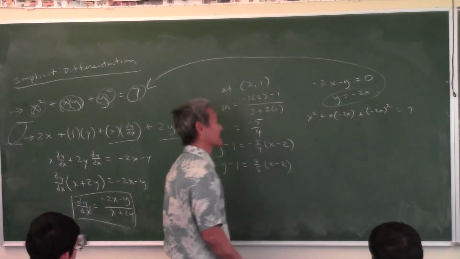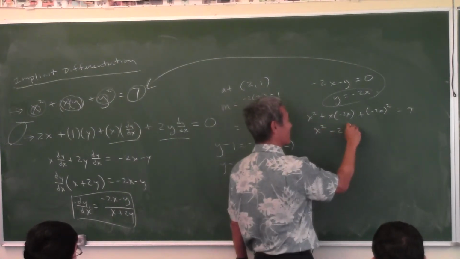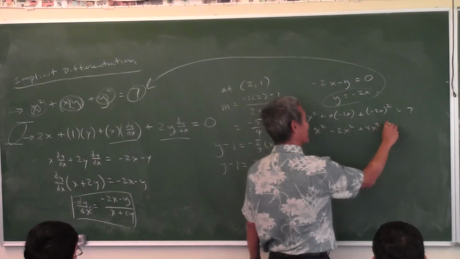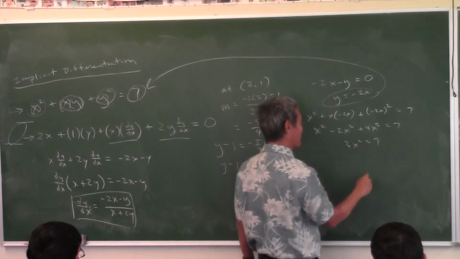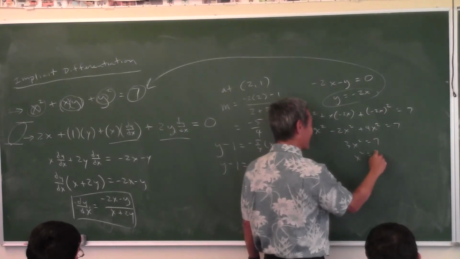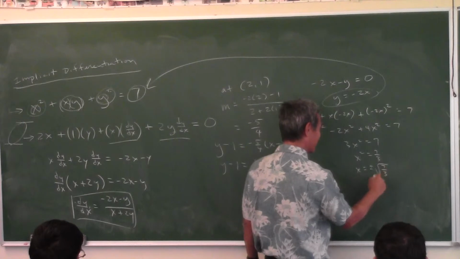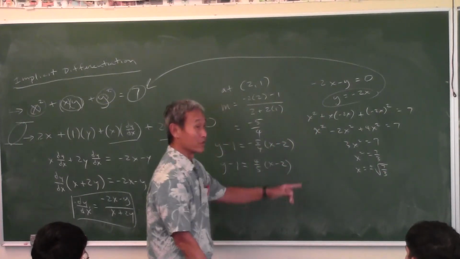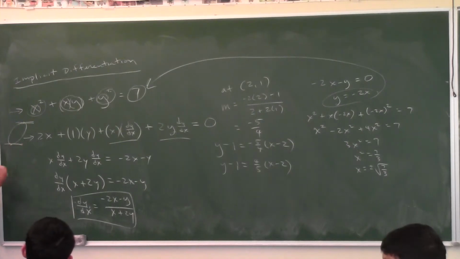In fact, I think I'm doing the exact same problem from the homework. x squared minus 2x squared plus 4x squared equals 7. 3x squared, yes, I'm doing the same problem as the homework. x squared equals 7/3, so therefore x equals plus or minus root 7/3. So there's 2 places on the graph where the slope is 0. That makes sense because it's a tilted ellipse.